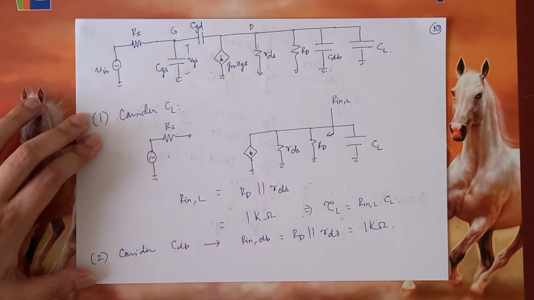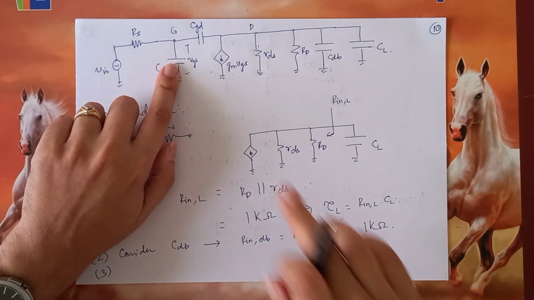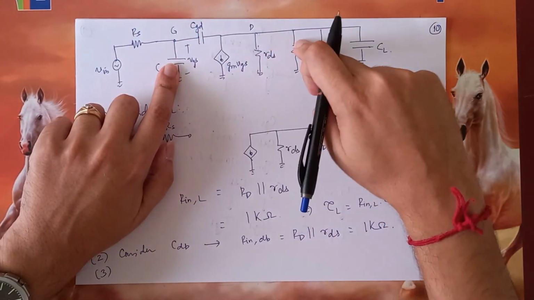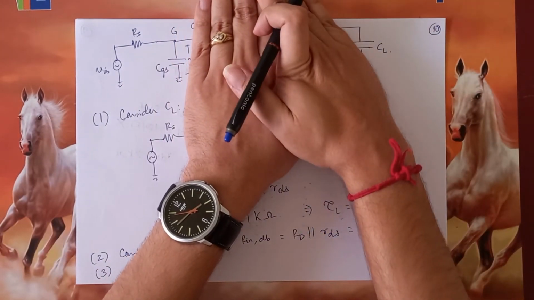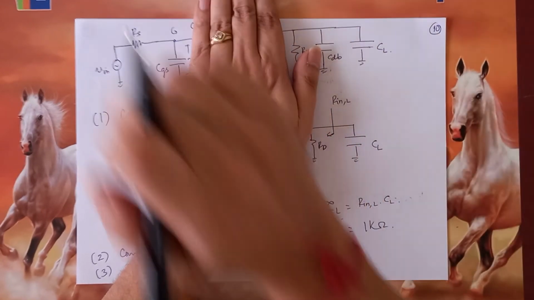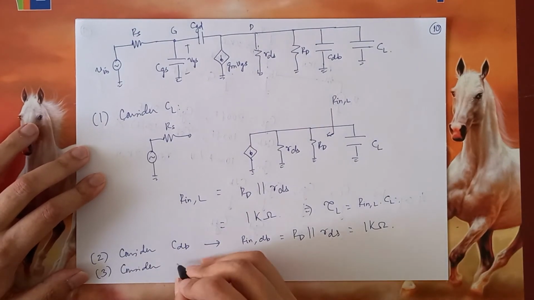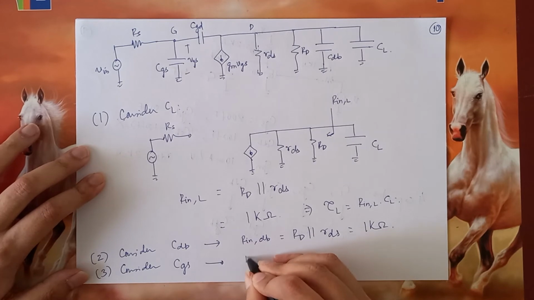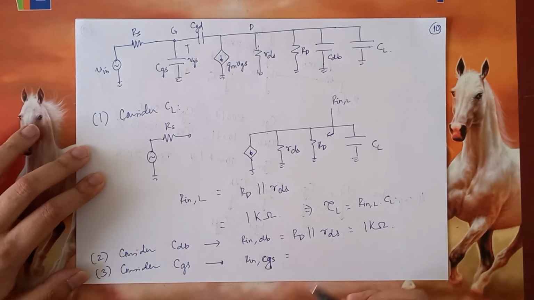What about CGS? When you consider CGS, this becomes an open circuit, this becomes an open circuit, this becomes an open circuit. So it's like the right half of the circuit has totally disappeared. So all this capacitor sees is Rs, and that is 1 kilo ohm.